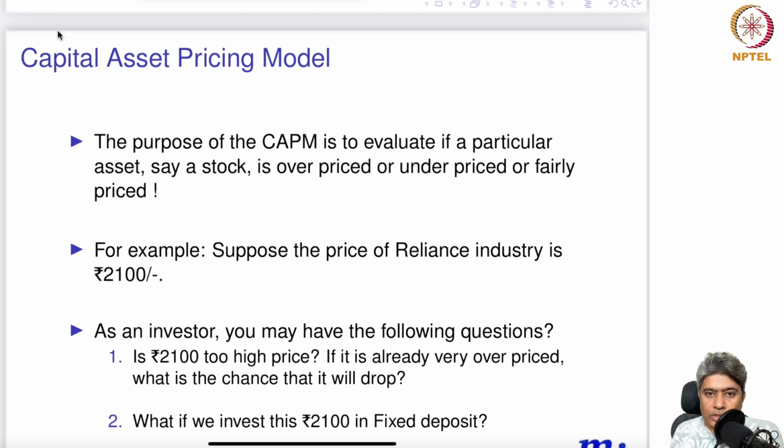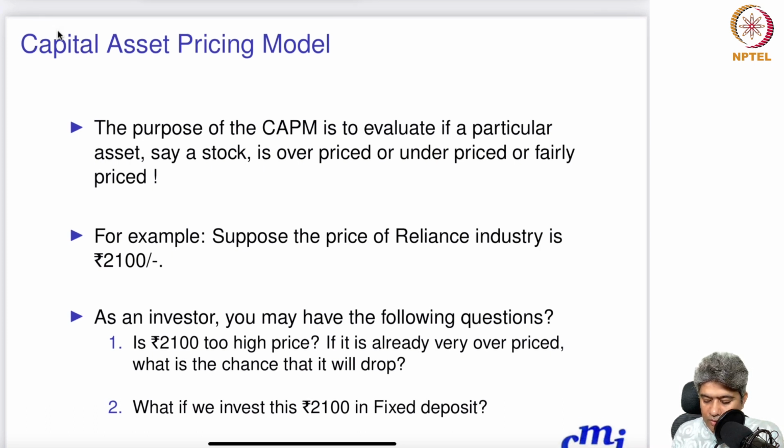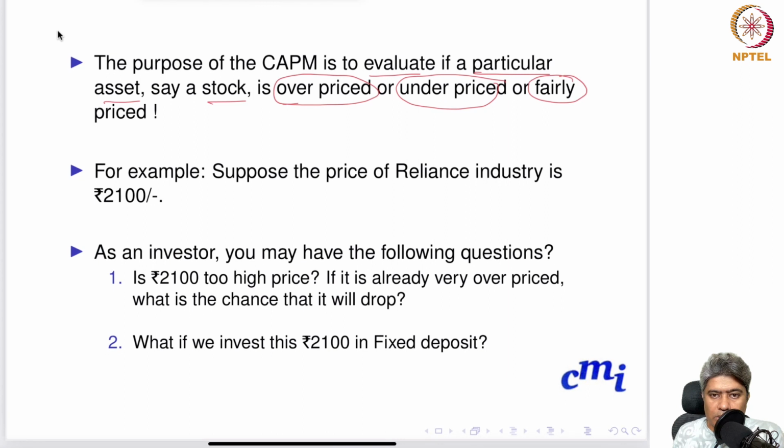The purpose of the CAPM is to evaluate if a particular asset, say stock, is overpriced or underpriced or fairly priced. For example, suppose the price of Reliance Industries is rupees 2100.